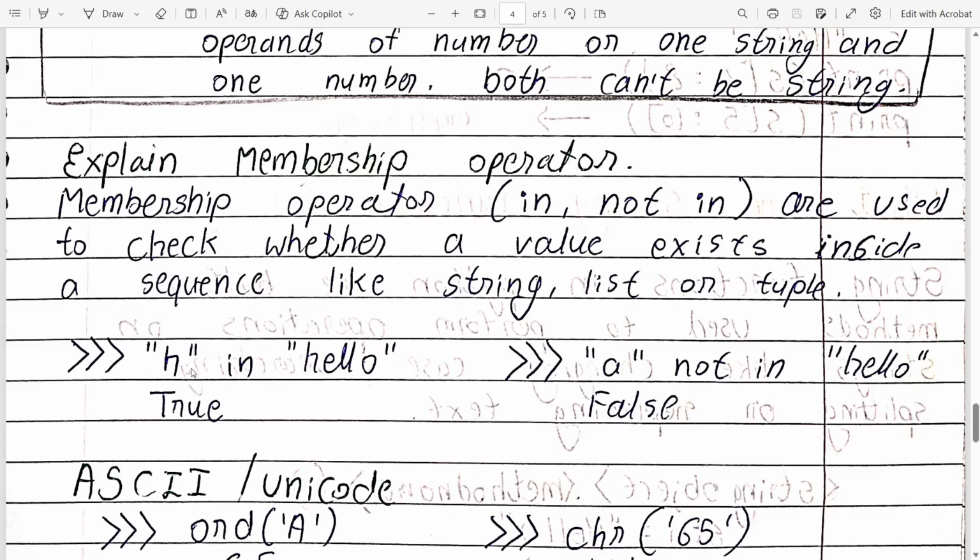We are trying to find out whether H is present in hello or not. If we run this code, it will give us True because H is present there. Also with a not in hello, we are seeing that a is not present in hello, so it will return True here. There is a mistake here, it will not be False, it is True.